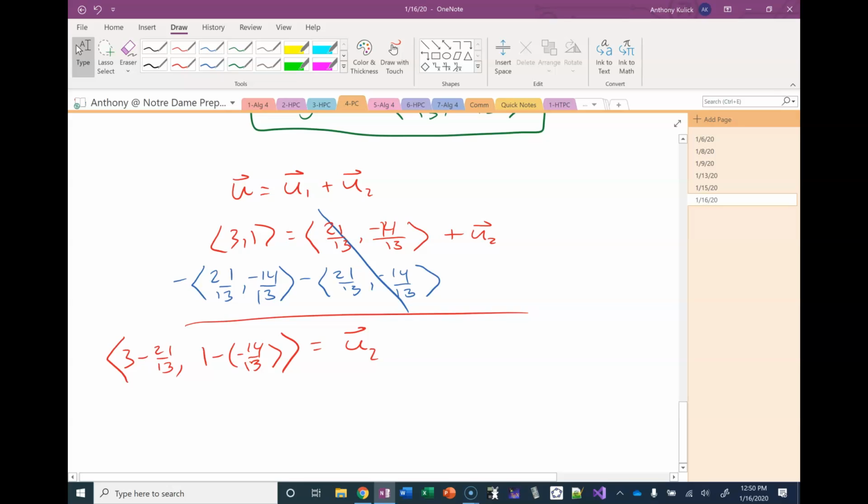So to subtract 21 over 13 from 3, what do I need to have? Common denominator. What would the common denominator be in this case? Good, it would be 13, so 3 becomes 39 over 13. And 39 minus 21 is 18.